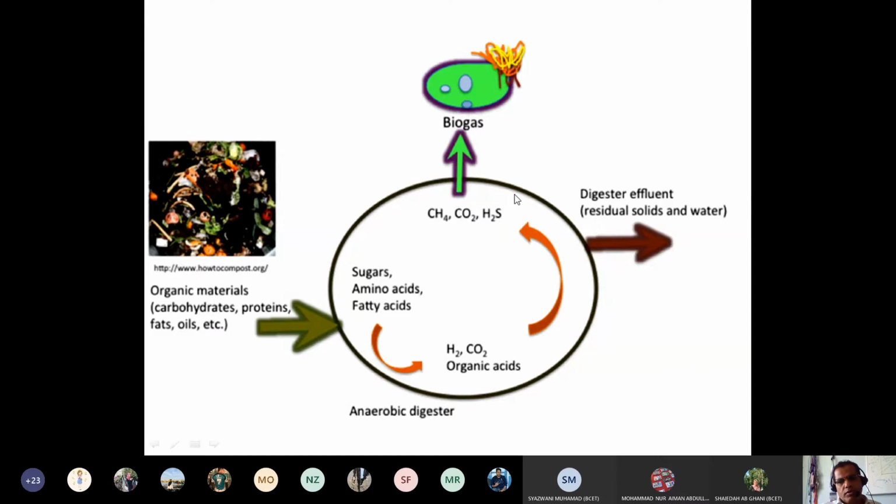He got a project to remove H2S from palm oil waste and from other gases to be used as fuel, and then the digestion effluent, residual solids and waste remain. So you see, from waste we can also get some energy.